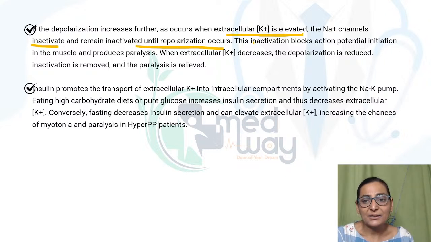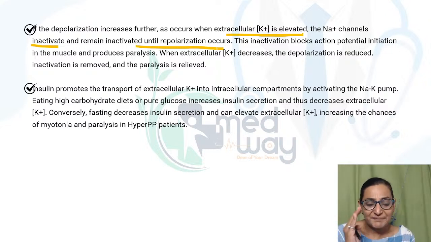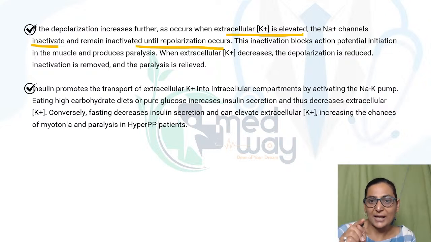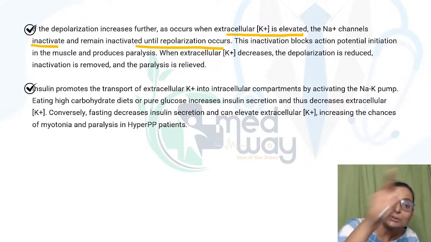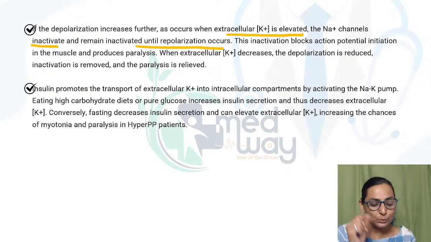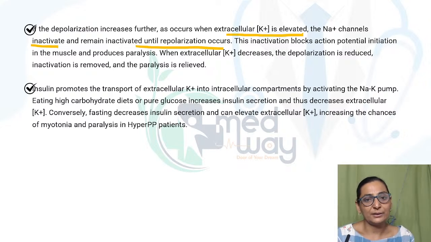So this inactivation blocks the action potential. It is very important that the inactivation gates of the sodium channels go back to their resting condition. If they do not, you cannot develop the next action potential. So you are probably going to get muscle weakness.